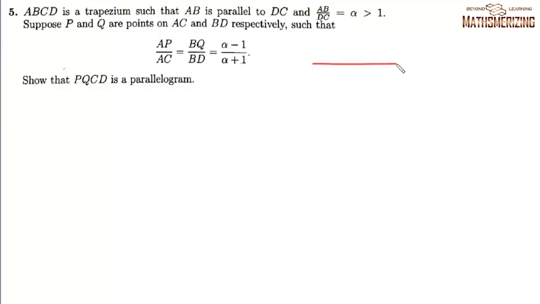So we consider this ABCD. Now suppose this is A, B, C and D. Now suppose position vector of D is O. So we choose this D as origin. This is C. This is A. And let this be B. Now we are given that vector AB is alpha times DC.